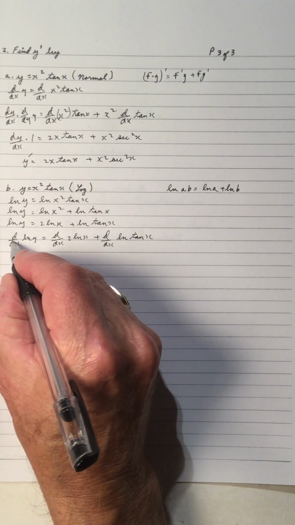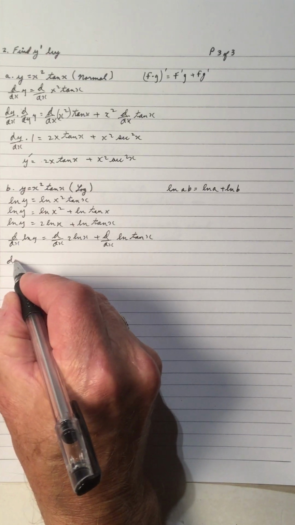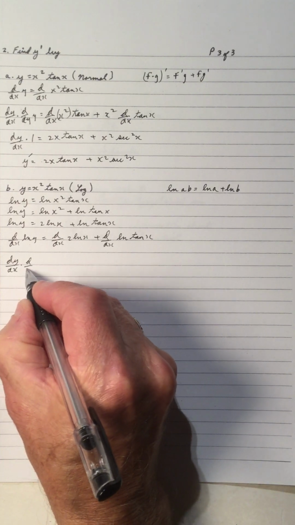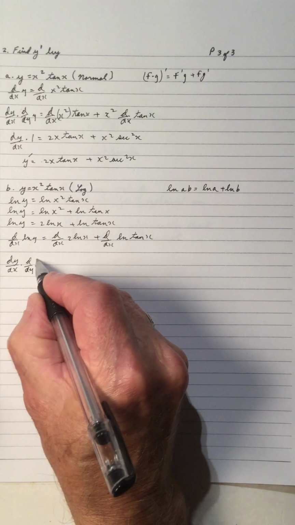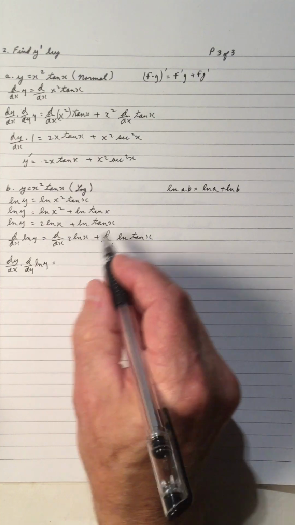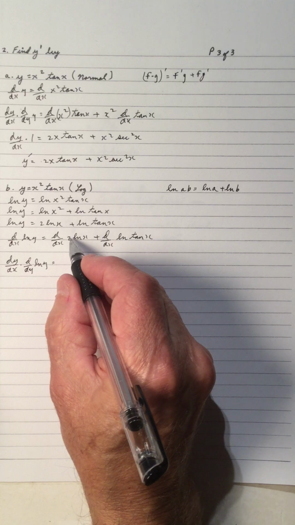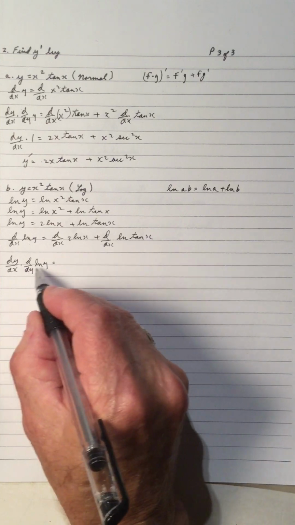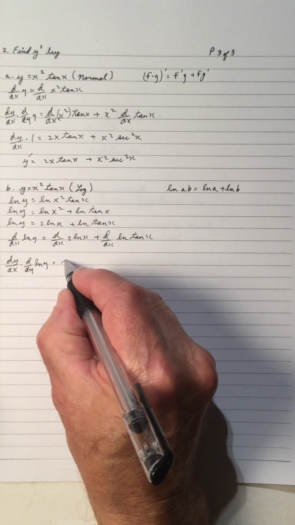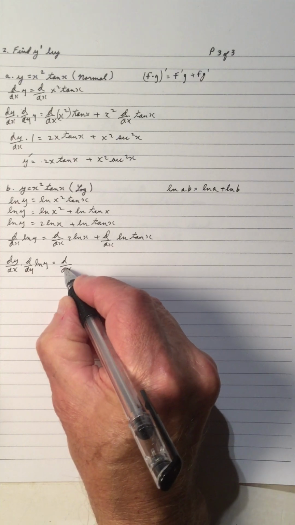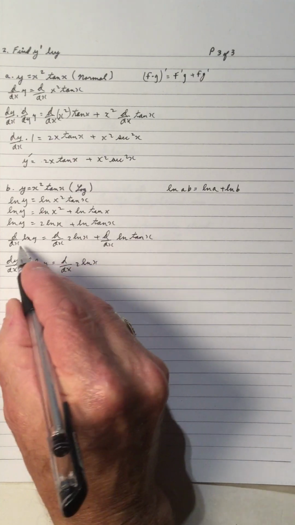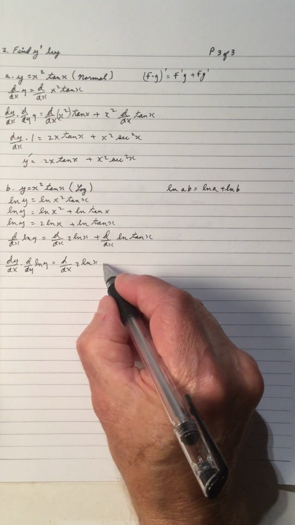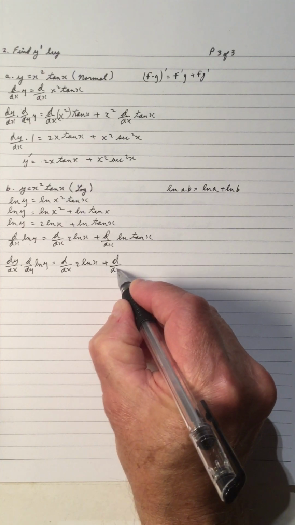We have a y here, so we have dy/dx times d over dy of ln y. I'm not going to do the derivative yet, so I'm just going to rewrite this again. I just wanted to change d/dx to dy/dx over d/dy, and I'll do the derivative in the next step.